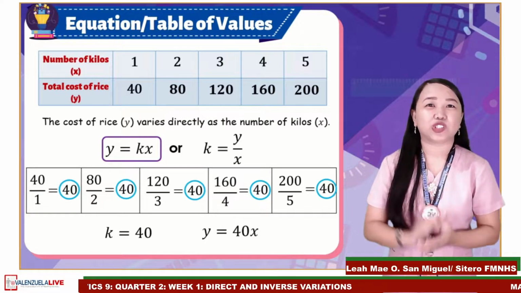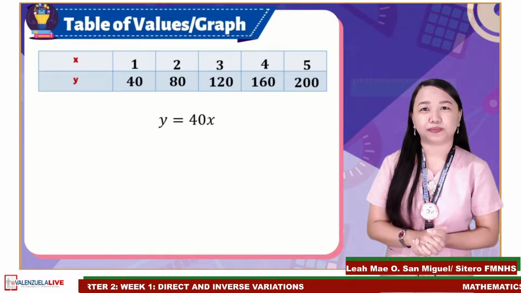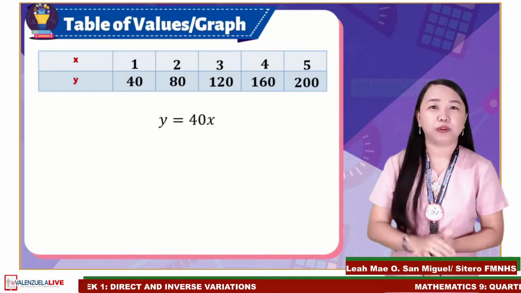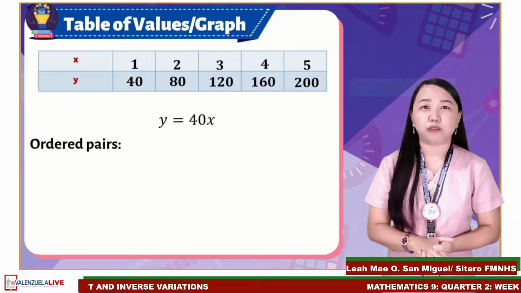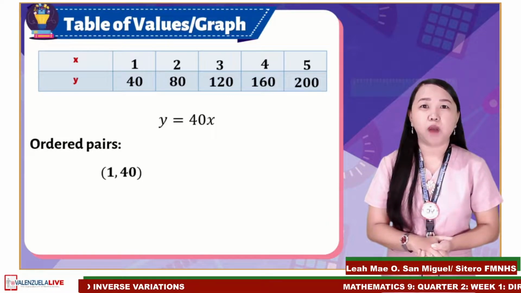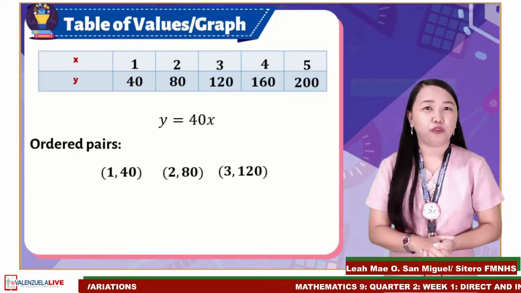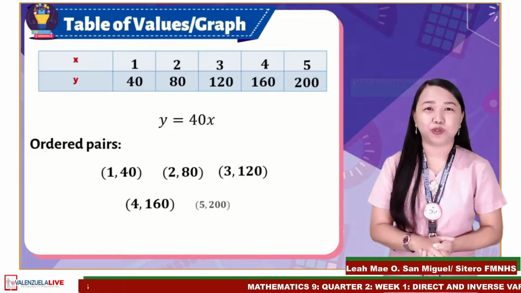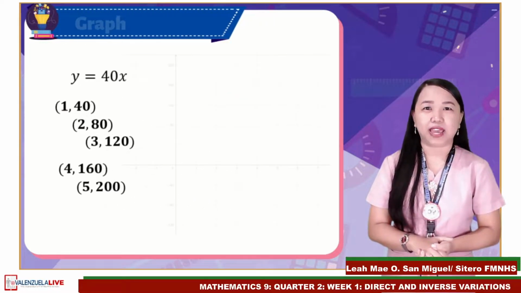Now, let's check the kind of graph that this direct variation has. Out of this table of values, we have 5 ordered pairs: (1, 40), (2, 80), (3, 120), (4, 160), and (5, 200). Plot these points on a Cartesian plane.